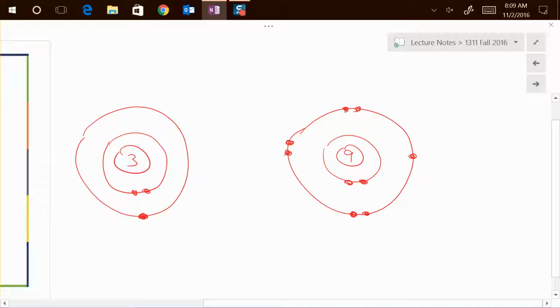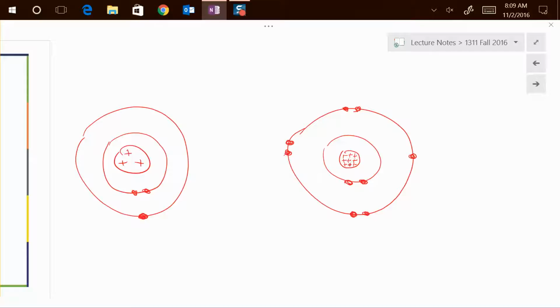Now, here in the nucleus are the positive charges. So this first energy level creates a shielding effect.